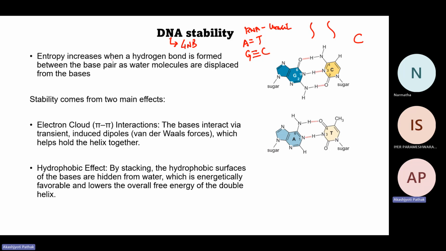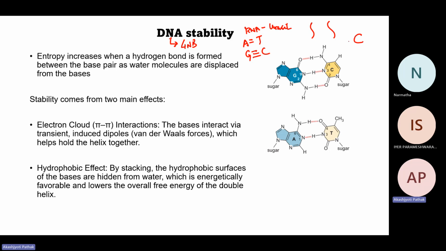So because of this, what happens? The entropy increases when a hydrogen bond is formed between the base pairs, as water molecules are displaced from the bases. In the free form, the bases were very nicely organized, surrounded by water molecules, because they were forming hydrogen bonds with them.